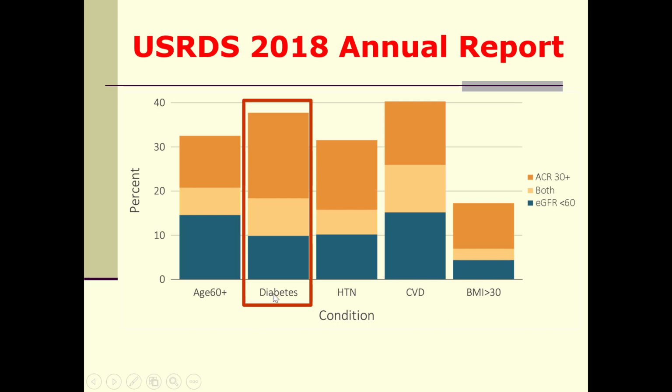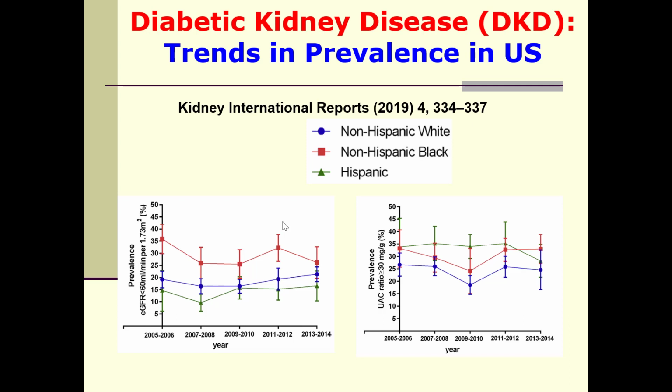In diabetes, we have either albuminuric, this fraction, or lower GFR less than 60, or mixed, both albuminuria with low GFR. Even within the United States, there is great variability according to race.